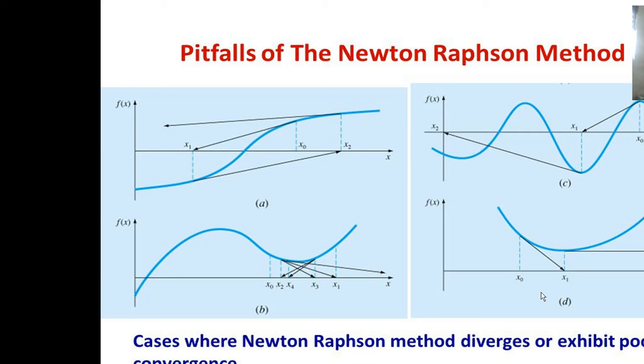So these are some of the cases in which the Newton-Raphson method fails, but the rest of the time it is considered a very fast converging method. It requires only one starting value, so it is very easy to adopt, and needs very few calculations because only evaluation of the function and first derivative is required. So the Newton-Raphson method is extremely popular among all the methods because of these advantages.